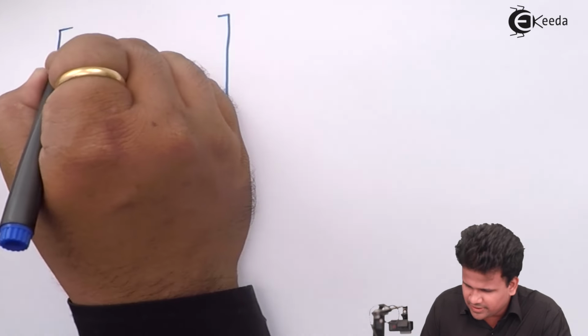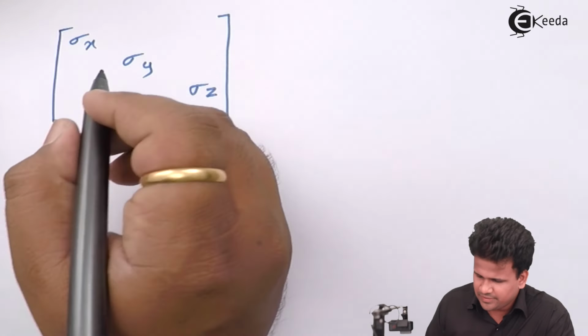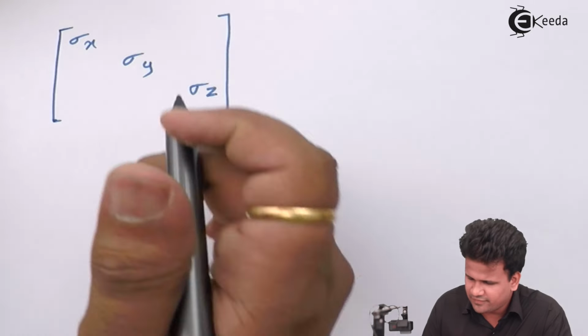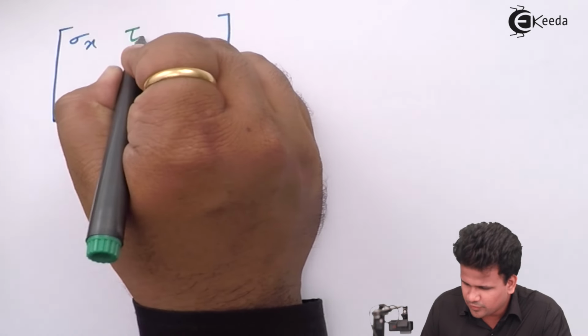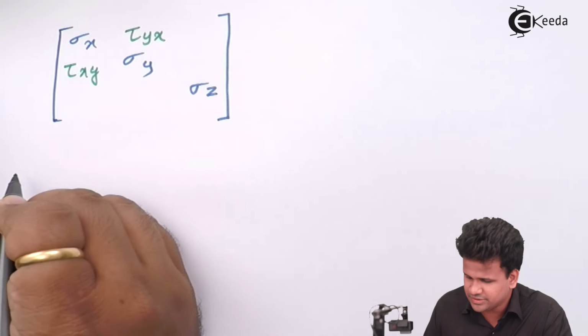Its diagonal elements are sigma x, sigma y, sigma z. Then over here we have tau of y plane x direction, here tau of x plane y direction.